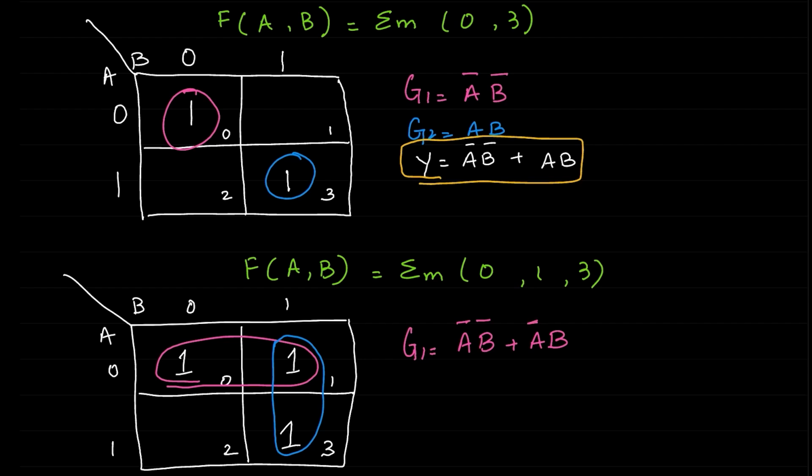And now group 2. Again, it has two cells.